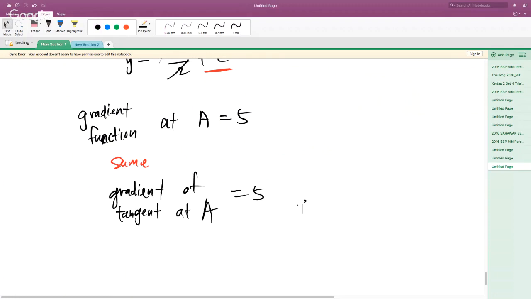So the gradient function is basically the gradient for the whole curve, but each point on the curve has its own gradient of tangent. If you want to know the gradient of a tangent, you take dy/dx and substitute the x value at the certain point, depending on where the tangent line cuts through. Yeah, this is what I wanted to say about the gradient function.